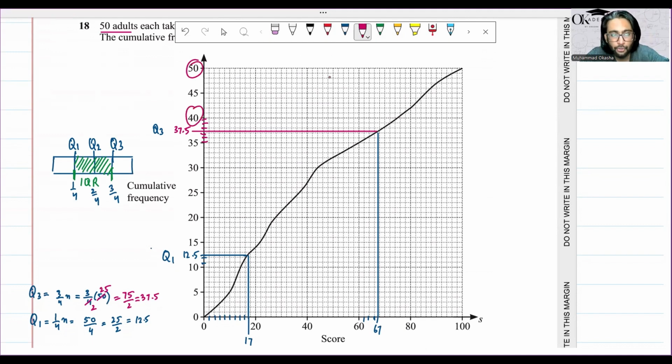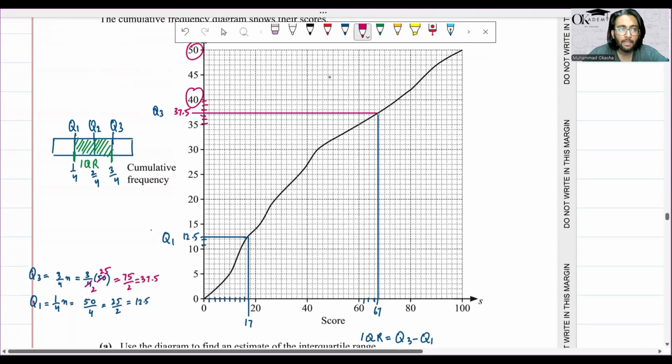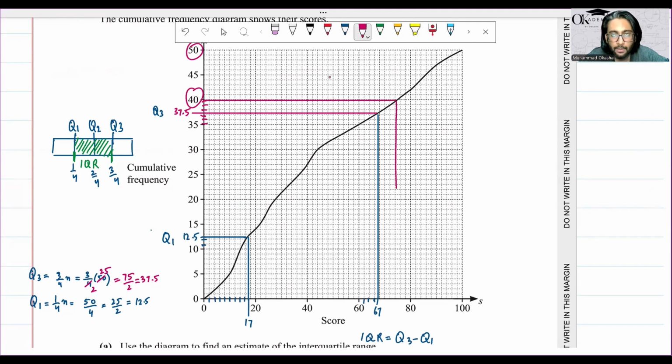So what was the minimum score needed to win the prize? Well, the minimum score is the score which the 40th individual scored to win the prize. Okay, so if we go down on it, there will be 62, 64, 66, 68, 70, 72, 74.